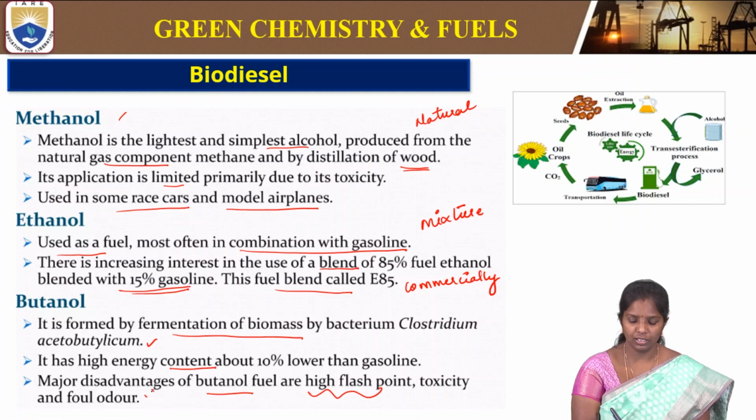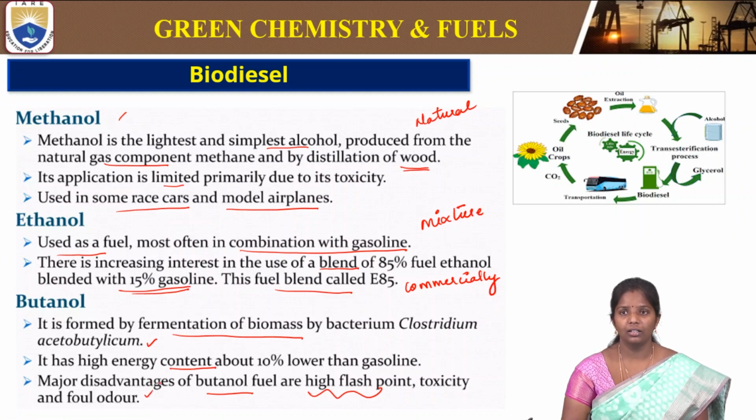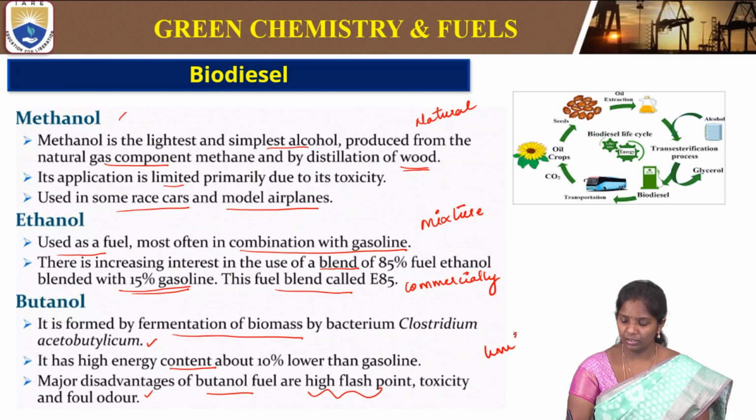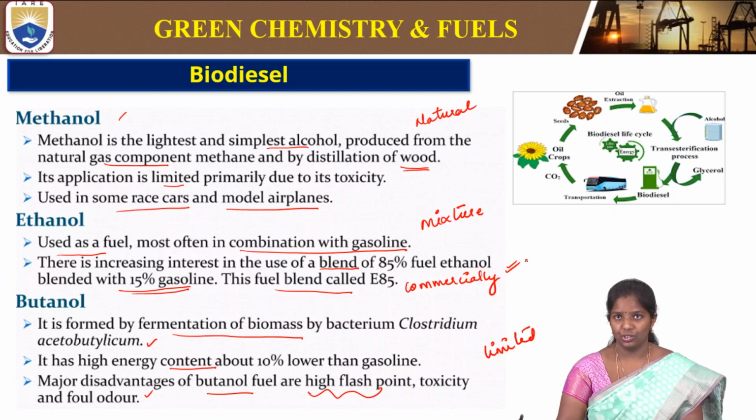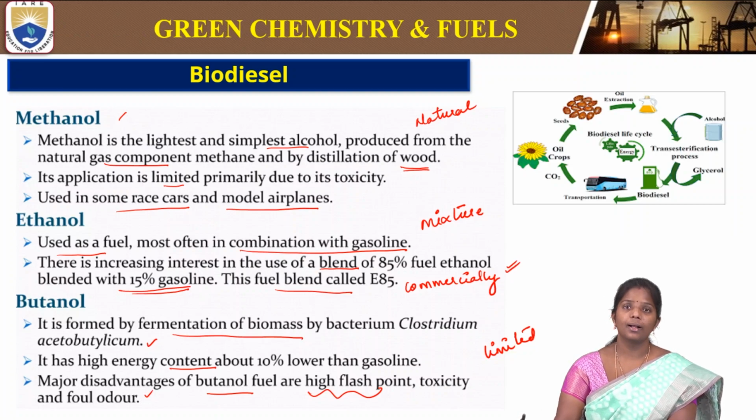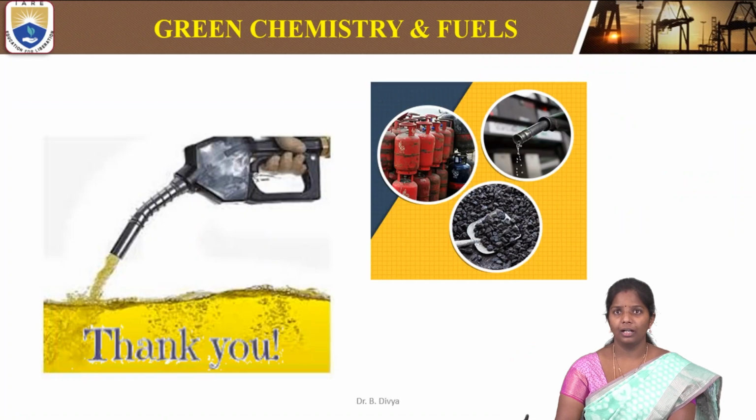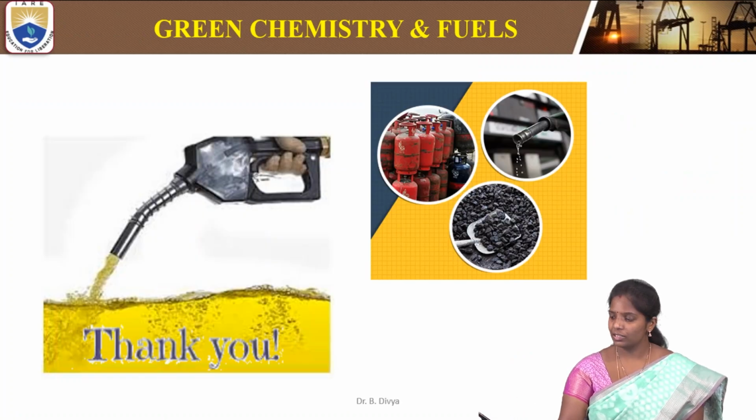So the smell will be different and toxic in nature. That is why it has limited applications when compared to other fuels like ethanol. So this mixture is widely used in most applications. These are the liquid fuels that are commercially available and also in practical use.